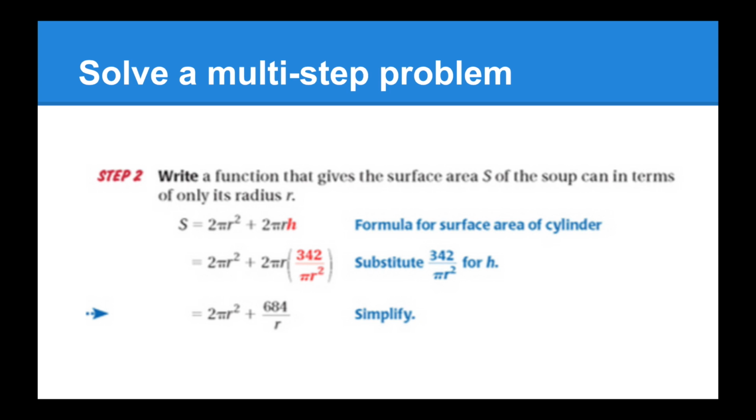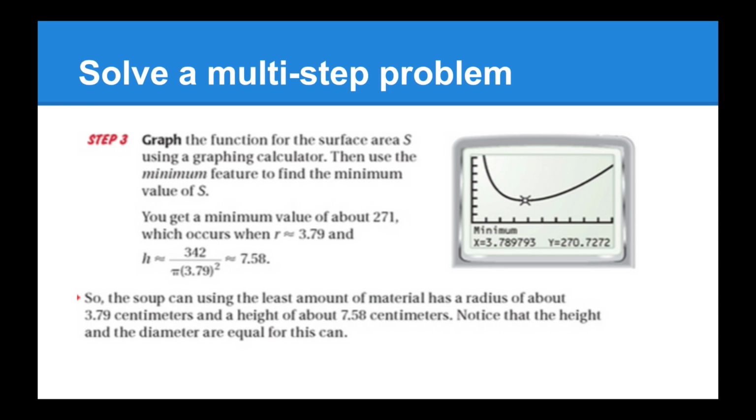And then we write a function that gives the surface area S of the soup can. So in conclusion, it becomes 2 pi r squared plus 684 divided by r. This would be the function. And then we graph the surface area, and we get the minimum value.